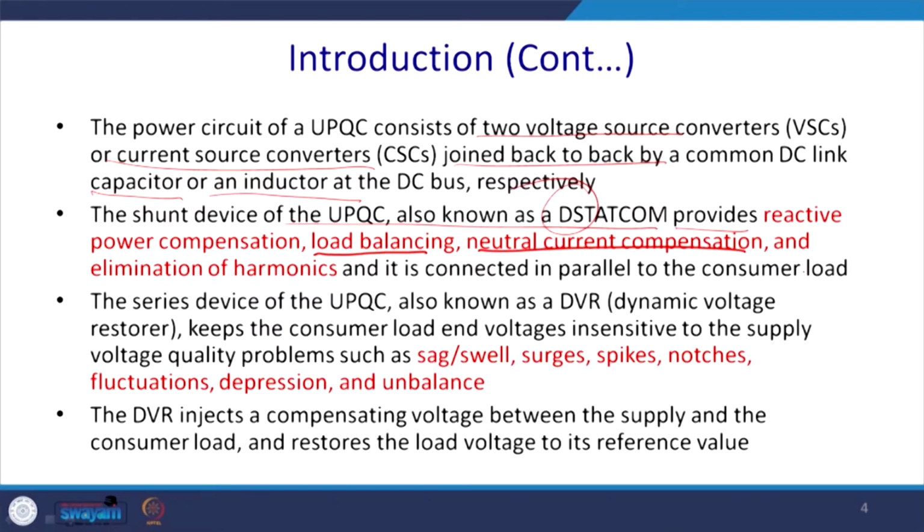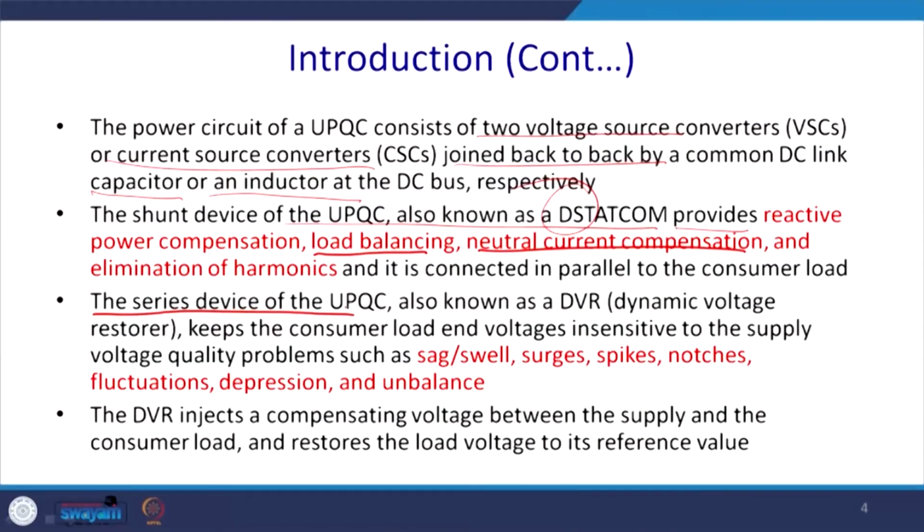It is something like an over-excited condenser, but it can mitigate not only the reactive power but also the unbalance as well as the zero sequence component of the current and harmonics, and for this reason it gives a total solution for the problems arising due to the current.